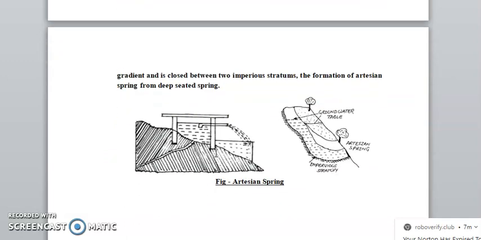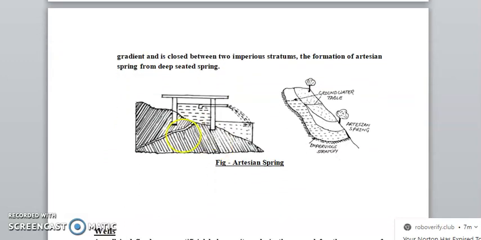You can see the artesian spring. Water will come up due to the pressure and it is taken away for use.